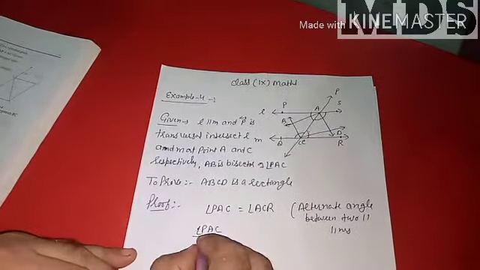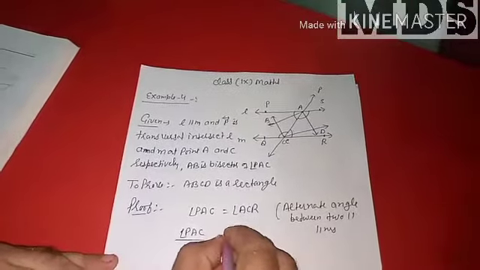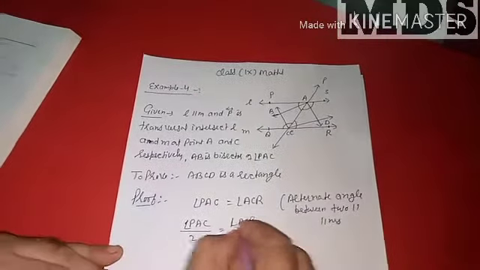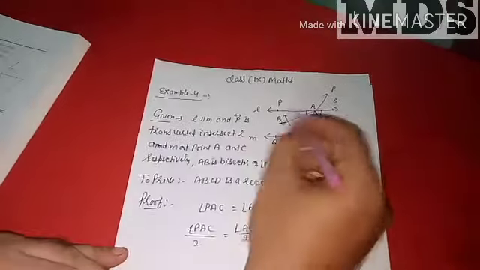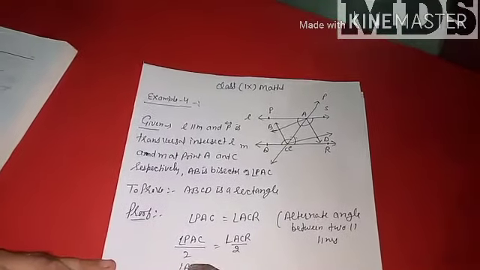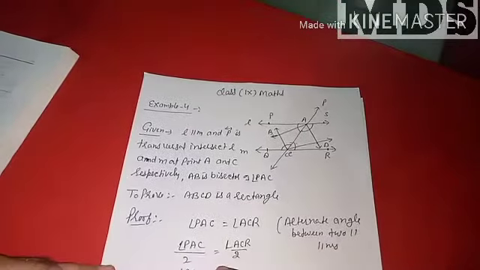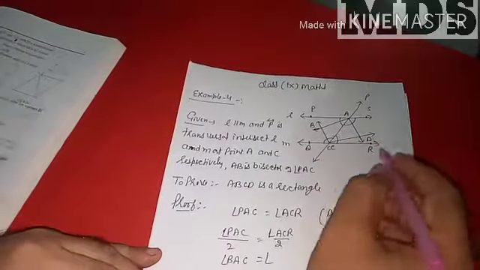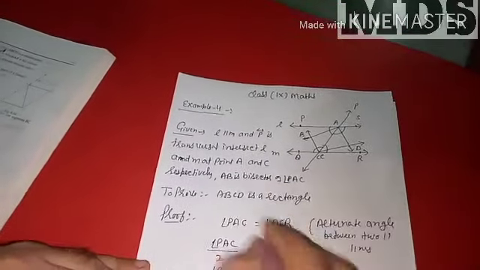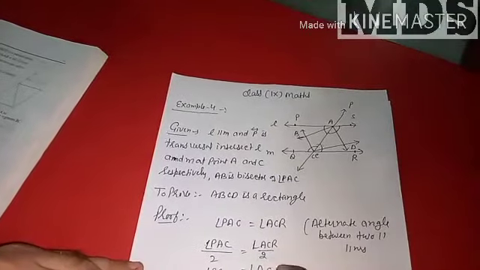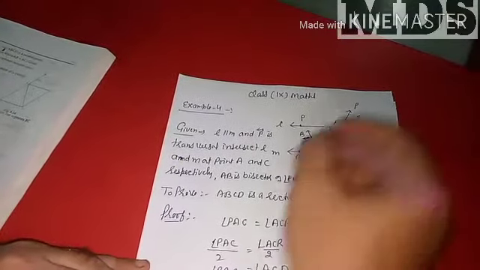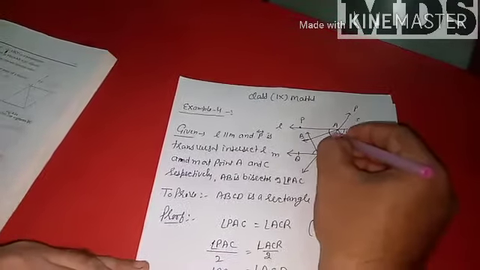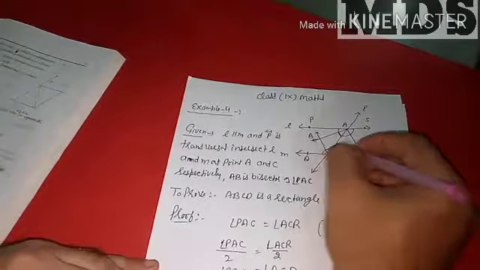PAC by 2 is equal to angle ACR by 2. Half of PAC is angle BAC, which is equal to half of ACR, which you can say is ACD. So this angle is equal to this angle.